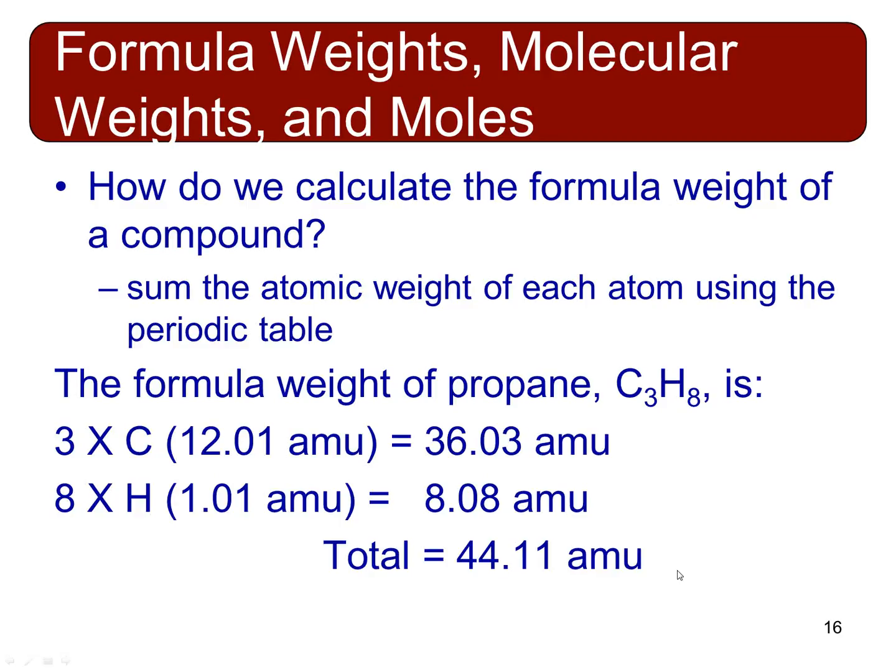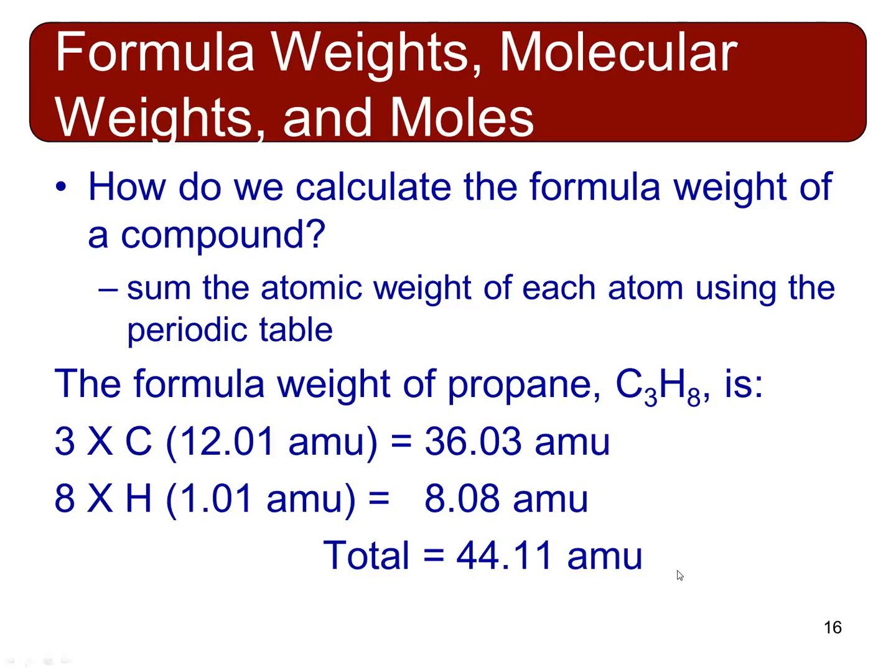Okay, so if you look at propane, we have 3 carbons and 8 hydrogens. Okay, so we go to the periodic table and we find the atomic weight for carbon, which is 12.01, and we have 3 of them. Okay, so if you have a 3 as your subscript here, then all you do is multiply 3 times the atomic weight of carbon.